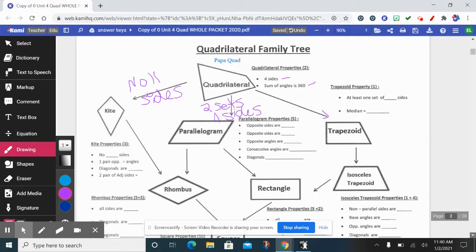And apologies for my handwriting on the screen today. It's the best case I got. So we have two sets of parallel sides. So the top and the bottom here would be parallel. The right and the left would be parallel. And a trapezoid has only one set of parallel sides.